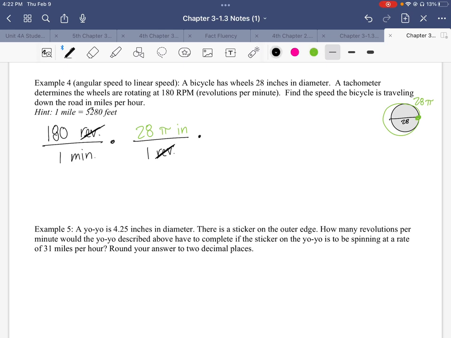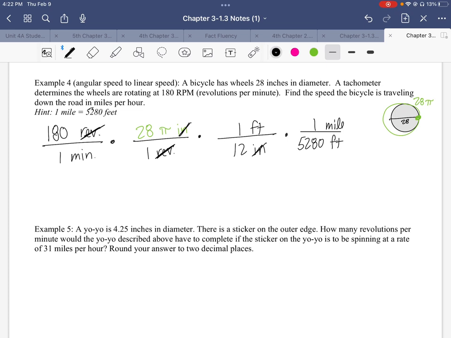But now we also have to go from inches all the way to miles. So I want inches on the bottom so that this will cancel. Okay. And I know that there are 12 inches in 1 foot. But now I have feet, and I don't want that either. I want miles. So I'm going to put feet down here again. That's 5,280 feet in 1 mile, which it did tell you in the problem if you didn't know. Okay.